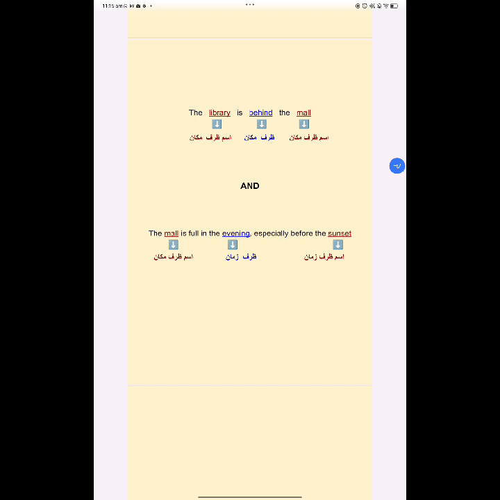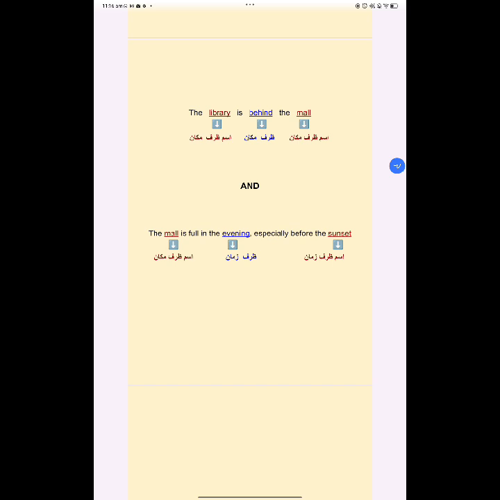I hope that you got the word library as ism zarf makan, because it is going to tell you the action associated with it, the action of reading. The word behind, once again, is only zarf makan because there isn't any specific action associated with the word behind. Similarly, the word mall is ism zarf makan because you know that the act of shopping happens here.